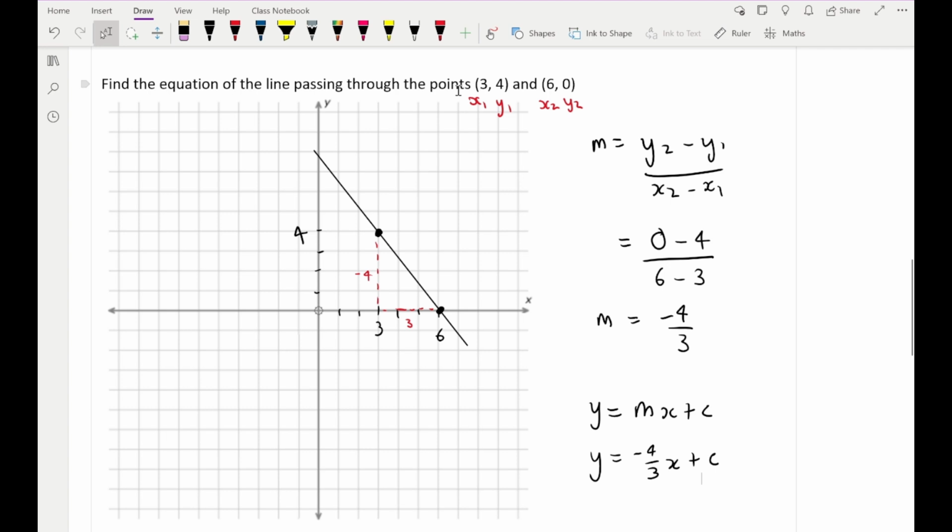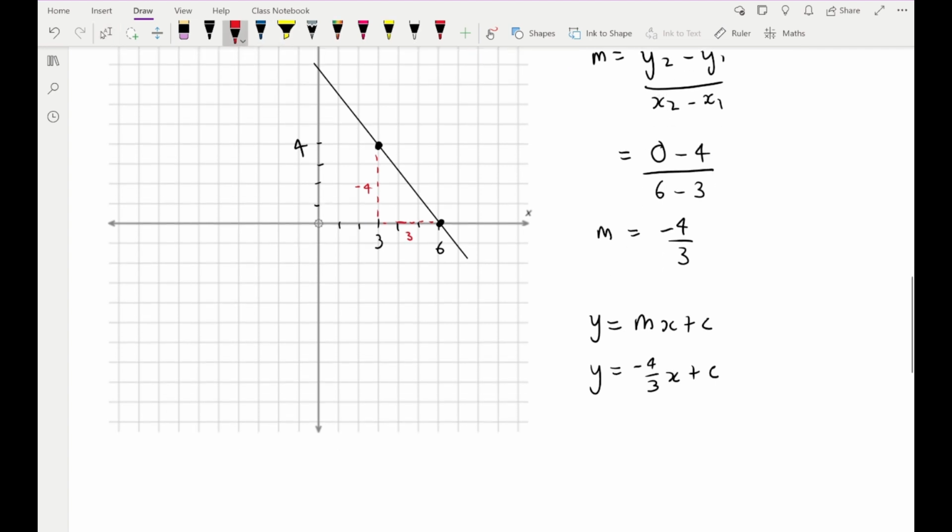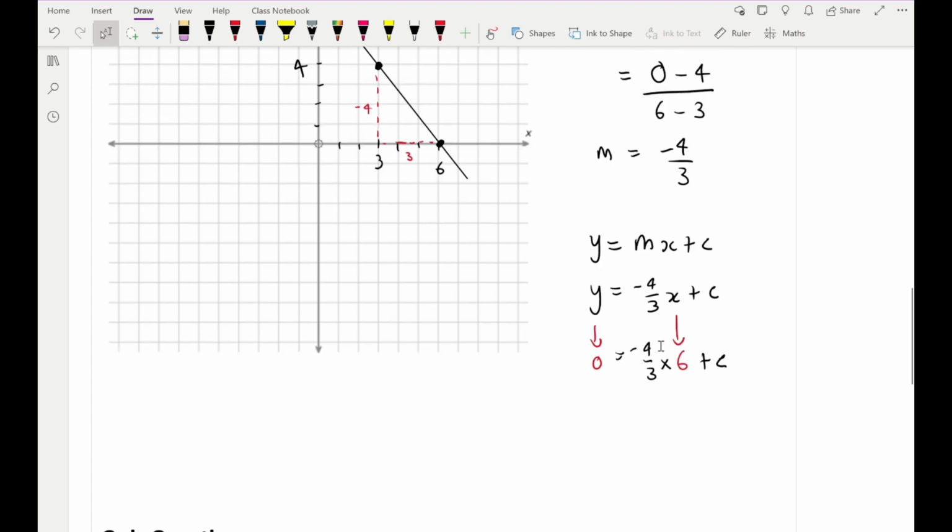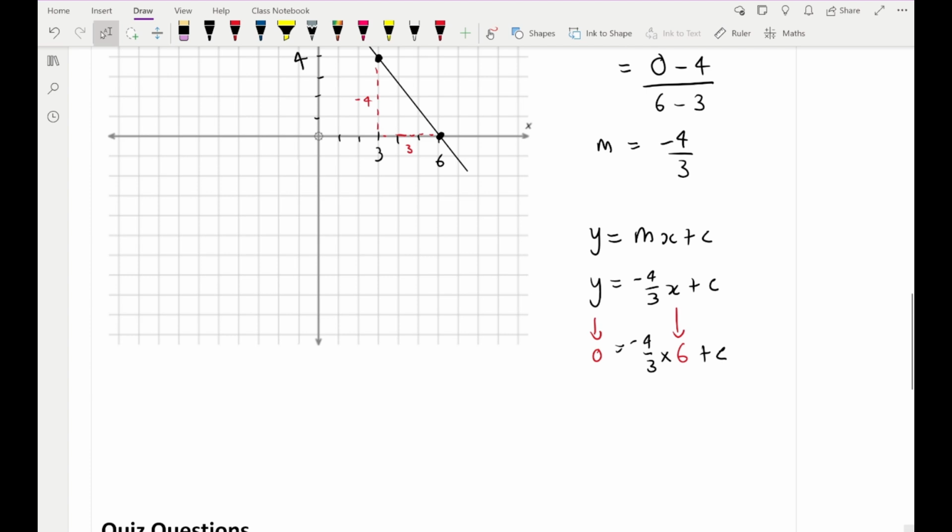So maybe I'll pick the point 6, 0 to sub in. So y will become 0 and x will become 6. -4/3 times 6 plus whatever c is. Now 4/3 times 6 might be something tricky to do, but that's why we have calculators. So we'll have a look and see what it spits out.